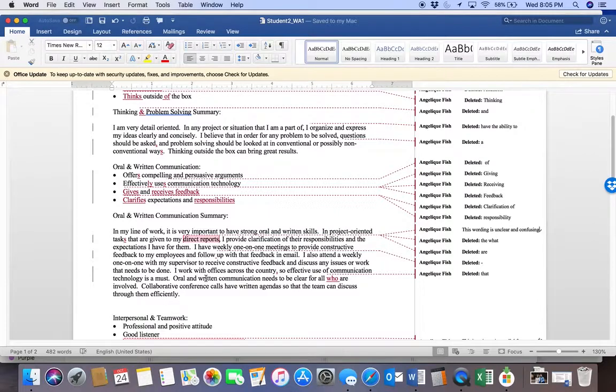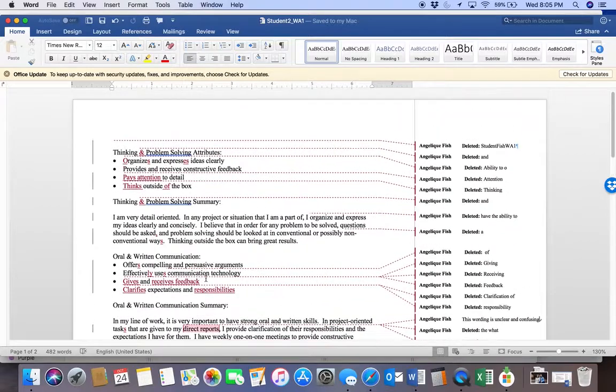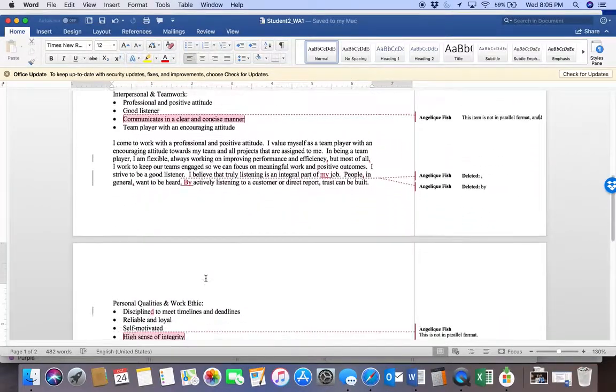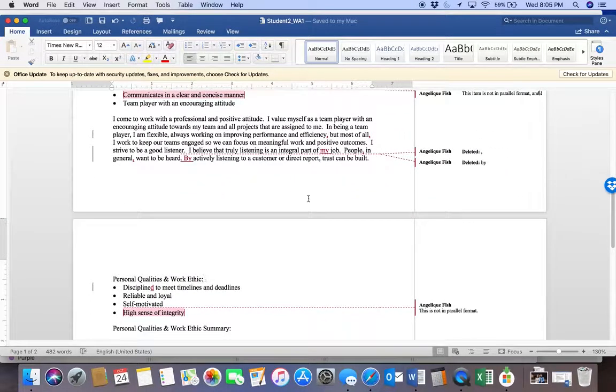And that's not just me as your grader, but that is just in general, right? As writers, we want to make sure that we are speaking in a language that people are going to understand. So you always have to know who your audience is. There's a little bit here and there of wording that could be clearer just by deleting a few words. But otherwise, those are the main things that I saw. Hope that helps.